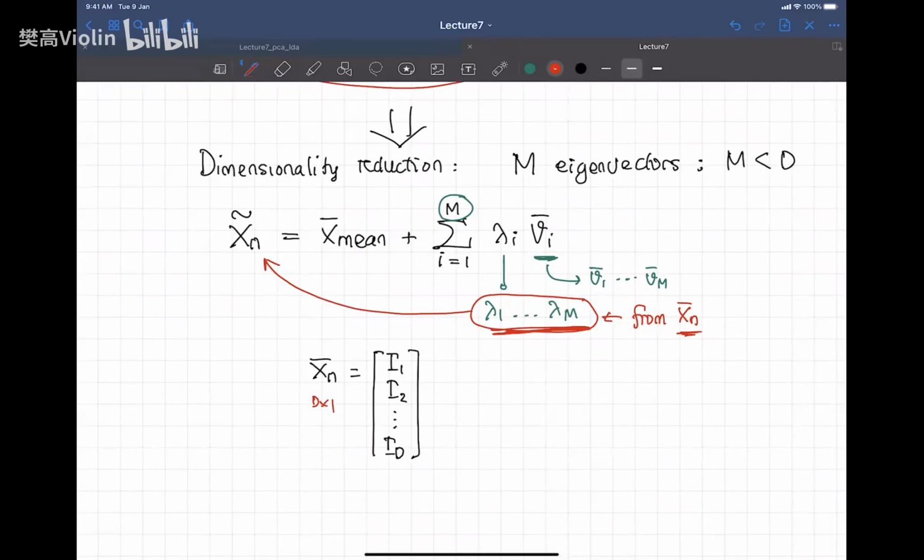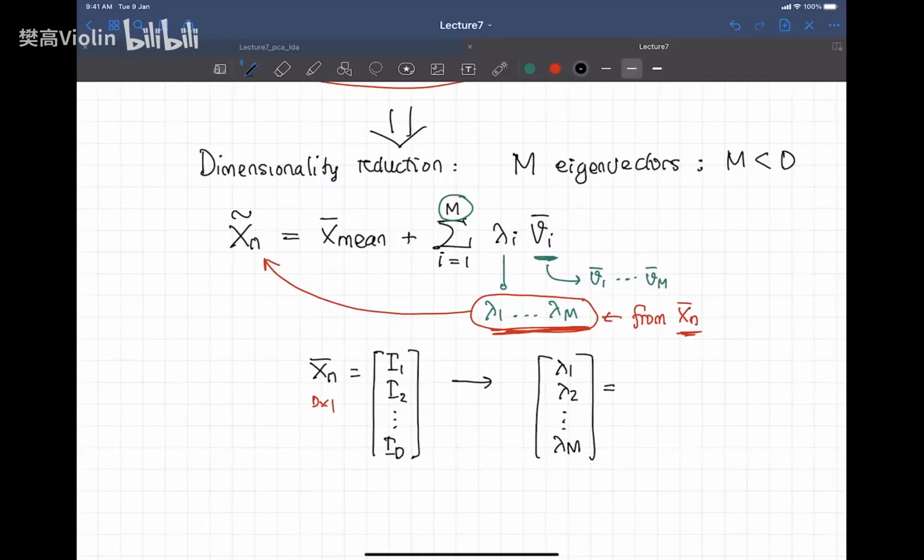But if you use lambda 1, again, this xn tilde is not exactly xn, but a representation of it, the reduction of the intensity. So I'm not really sure what else I can write. But if you have an image as a vector with lambda 1, lambda 2 until lambda m, they are actually the same thing. This one is, of course, a reduced representation.